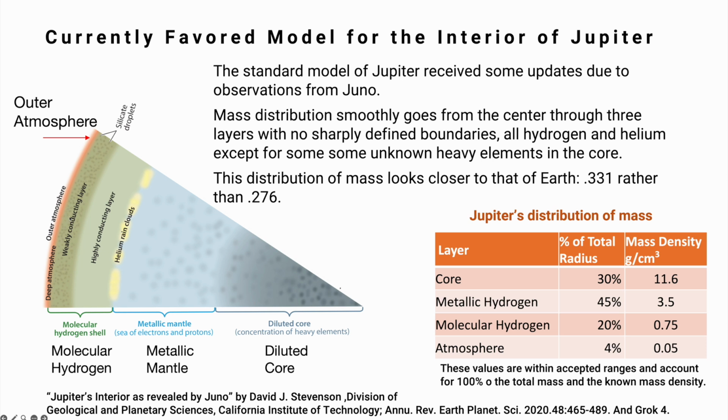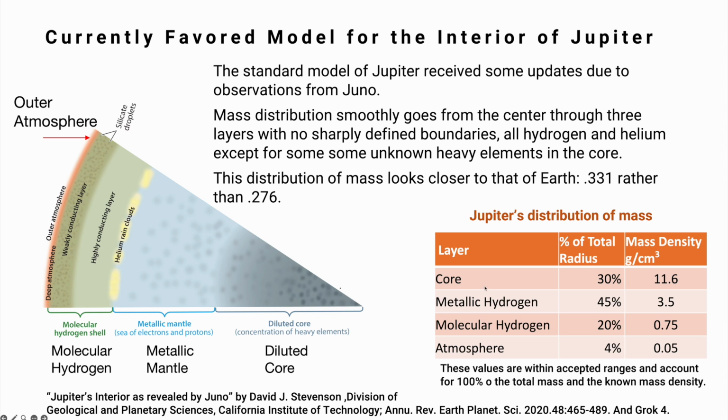And then there's a weakly conducting layer and highly conducting layer that are called the molecular hydrogen shell. And then there's a big metallic mantle, and then a core where there are heavy elements, unidentified heavy elements, with hydrogen diluting those heavy elements.